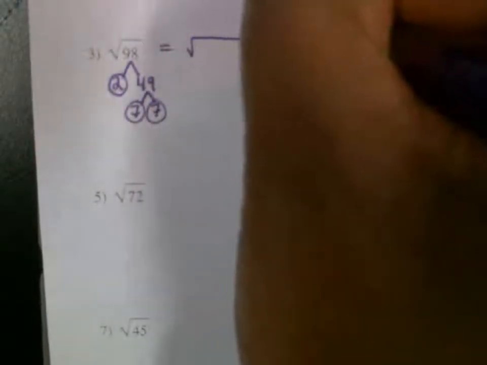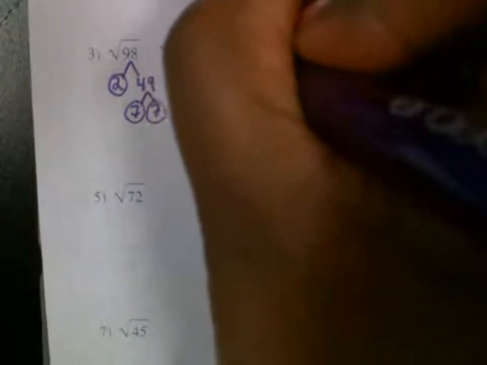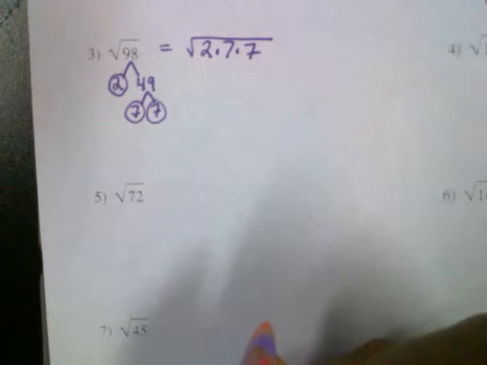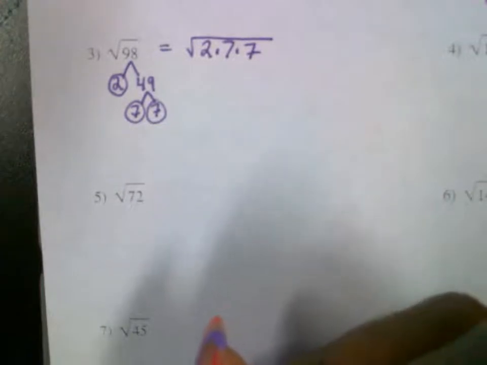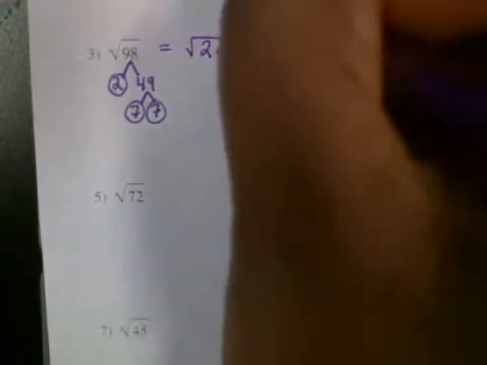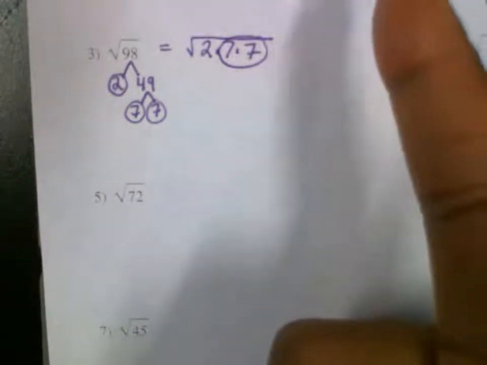All right. Under the radical, what am I going to write? 2 times 7 times 7. Now we're going to look for pairs, numbers that repeat twice. Do we have any pairs? We have one pair of 7s. How many 7s are we going to take out for that one pair?